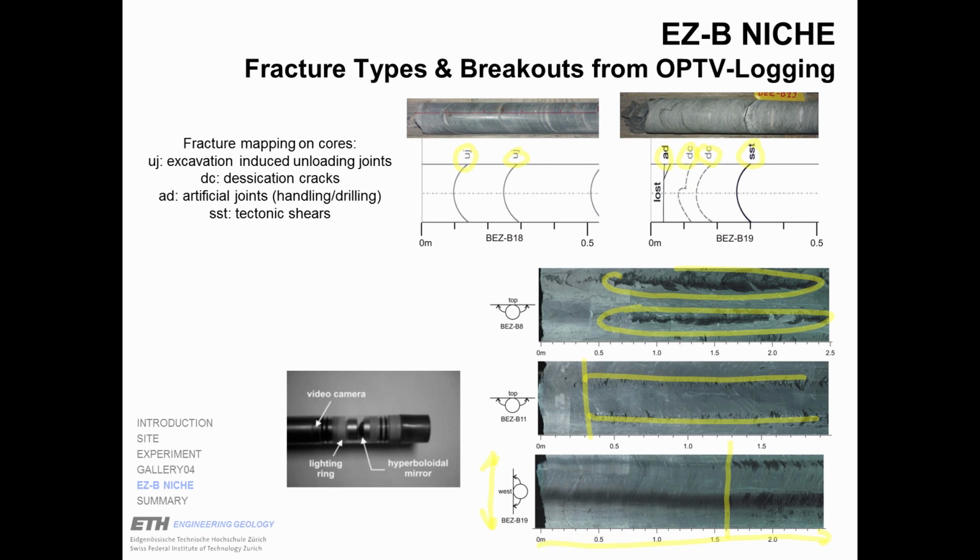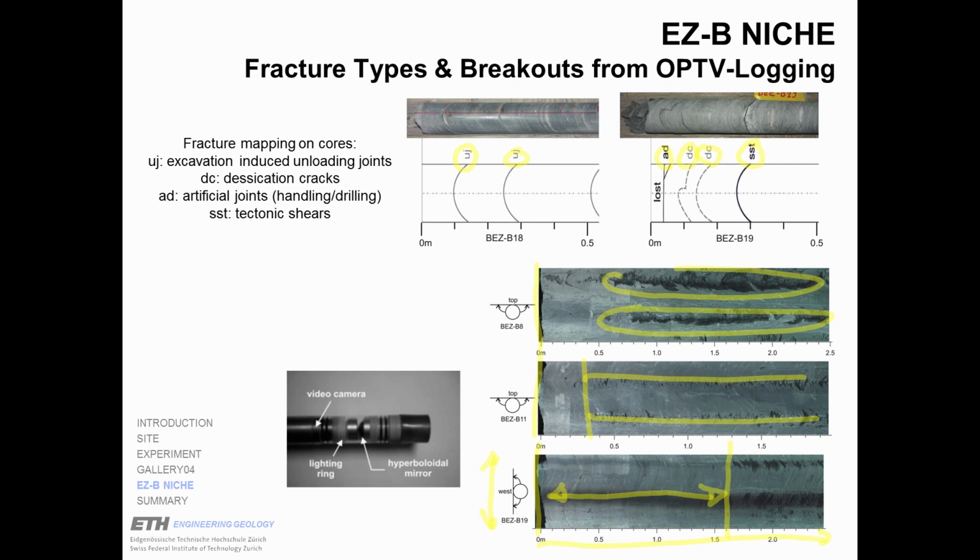These breakouts do not form close to the collar, which is here. And we assume that this is a region where the rock mass has been weakened due to damage prior to drilling of these boreholes and prior to getting these images from logging.